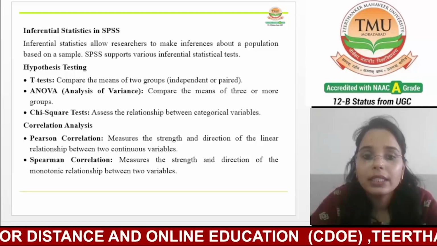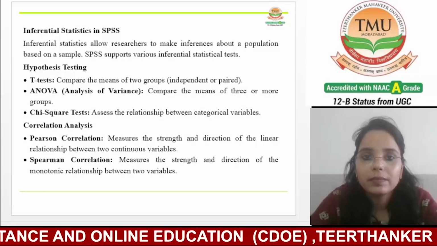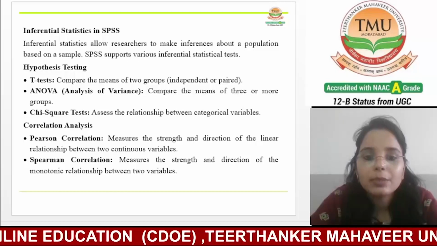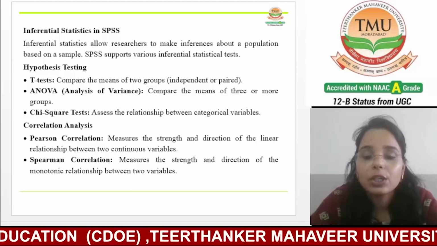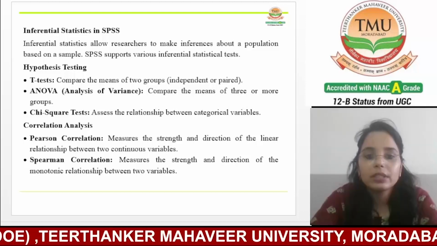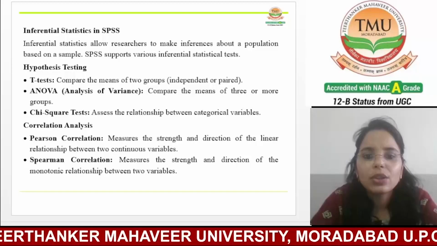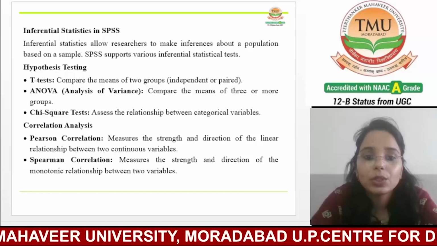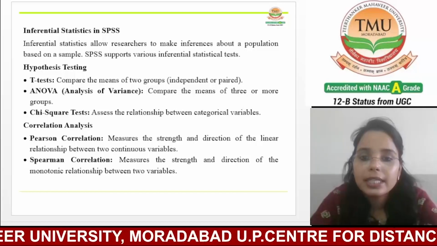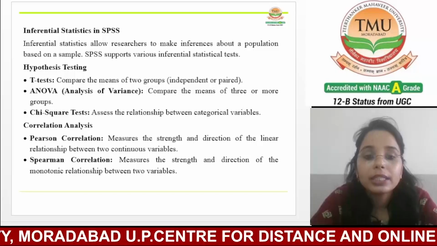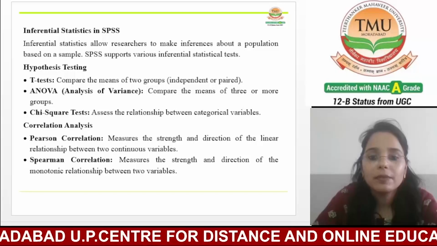And the second one is Spearman correlation. It measures the strength and direction of the monotonic relationship between two variables. It is a non-parametric test, meaning it does not assume normal distribution of the variables. Instead of relying on the actual values, Spearman correlation is based on the ranks of the data.